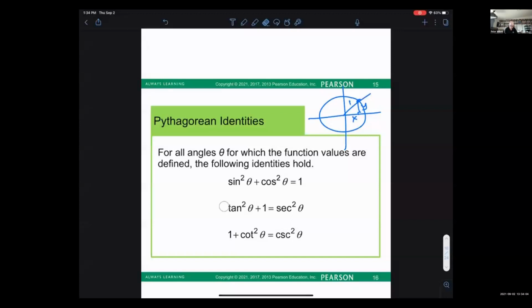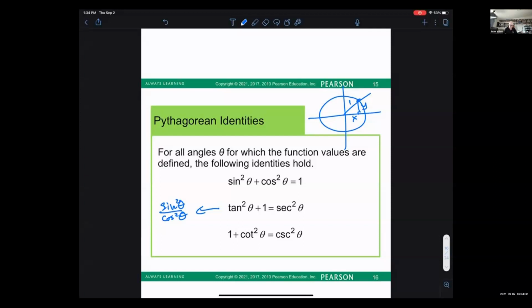So tan squared is the same as sine squared over cosine squared. Well, notice that that's right below the identity above that has a sine squared in it. So if I wanted that first term in the first identity to become a tan squared, I would divide it by cosine squared.